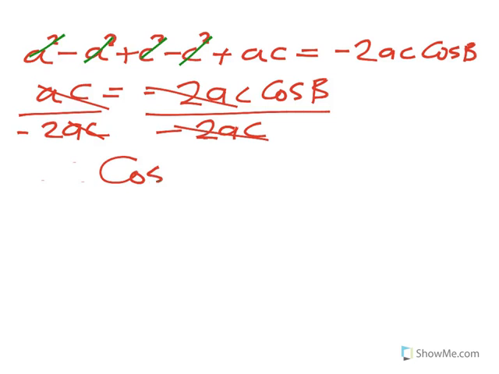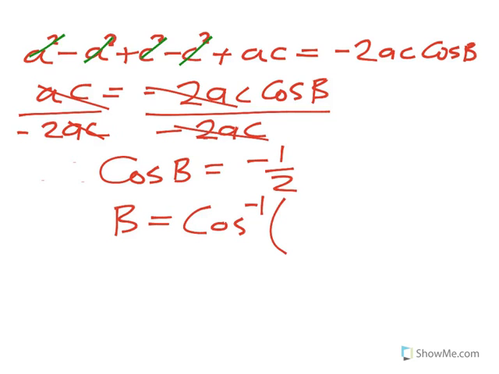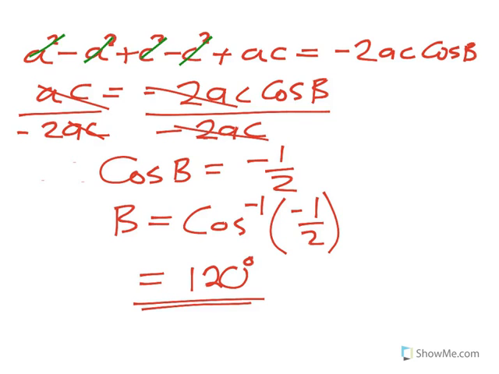Therefore, cos B is equal to minus 1 over 2, and B is equal to cos inverse of minus 1 over 2. They said without using a calculator, but well, you can go on to say it's 120 degrees, but your answer was supposed to end there, where B is equal to cos inverse of minus half. So that is one way you could have done that particular problem.